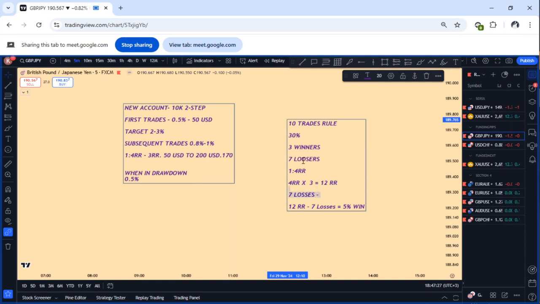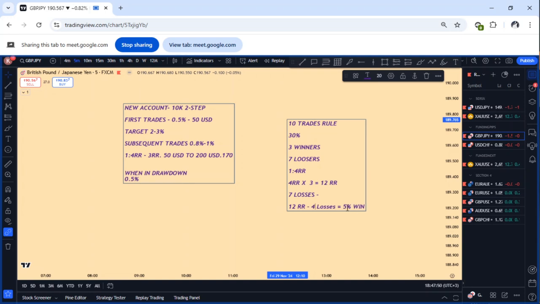Half a loss is not even accounted for here. We are accounting for all the losses. So once you're done with 10 trades, you'll realize that out of these 7, maybe 3 will be break even, 4 will be losses. And in that case, if you are having 4 losses, you wouldn't be subtracting 7. You would be subtracting 4.